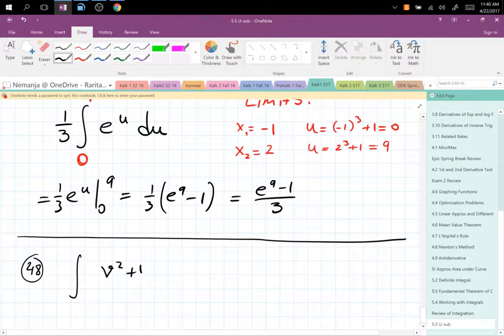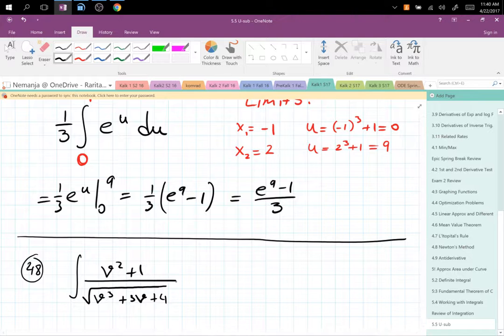v squared plus 1 divided by the square root of v cubed plus 3v plus 4, and then dv, and it goes from 0 to 3.